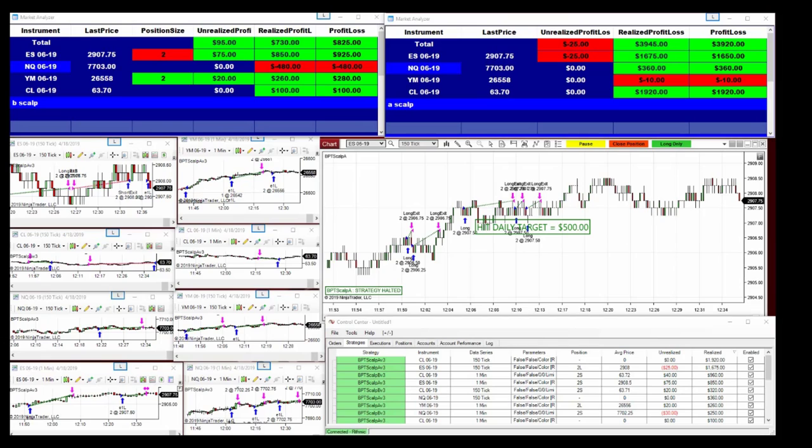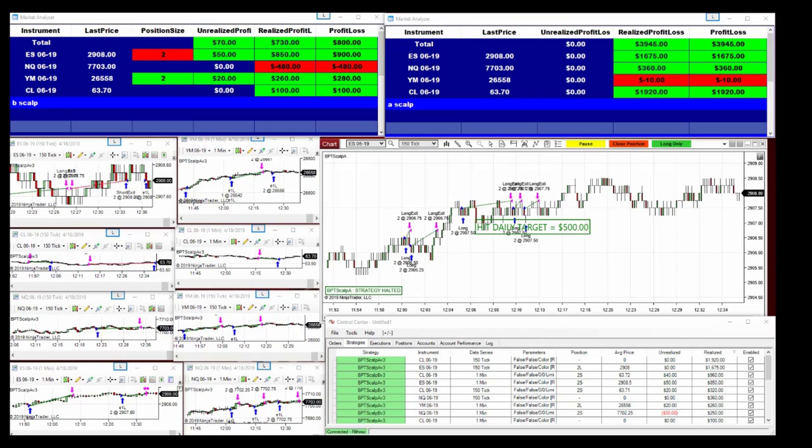Some of our traders use 244 ticks, but we normally use 1 minute or 150 ticks or 4 range for scalping, especially in those days. There is a lot of chop in the market. So the B scalper was made for overnight, and the A scalper is made for the day trade.